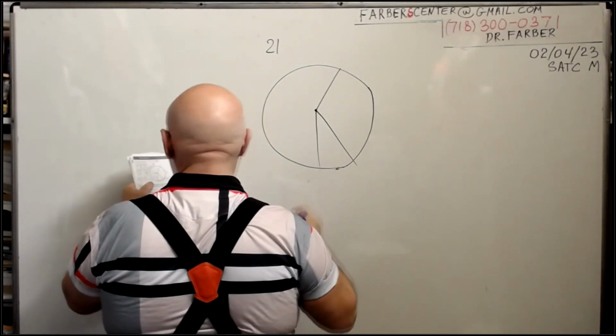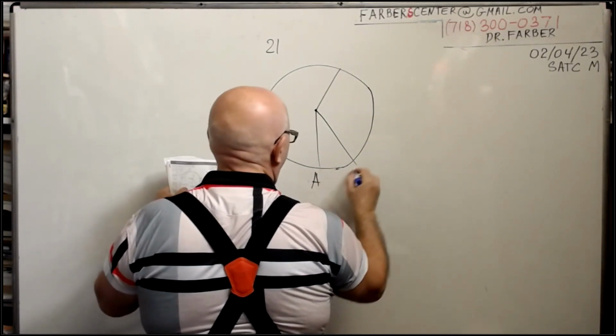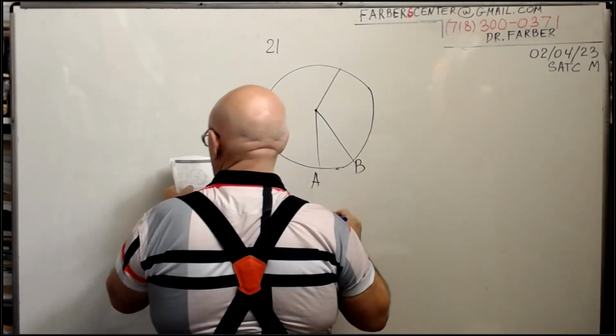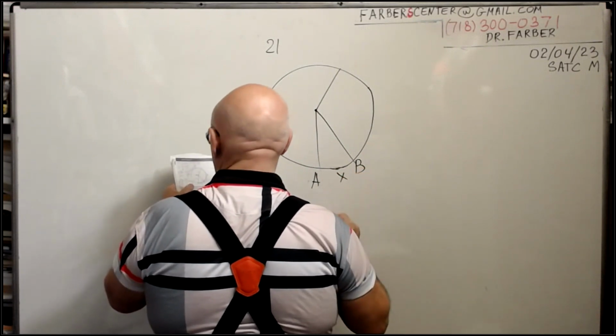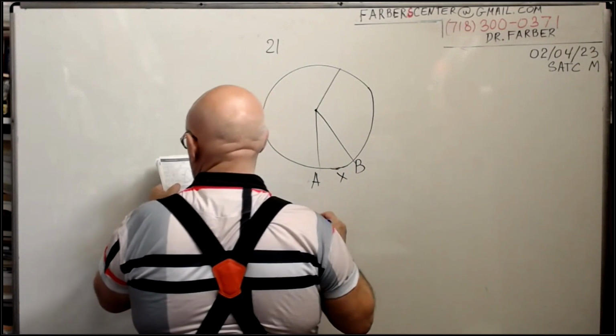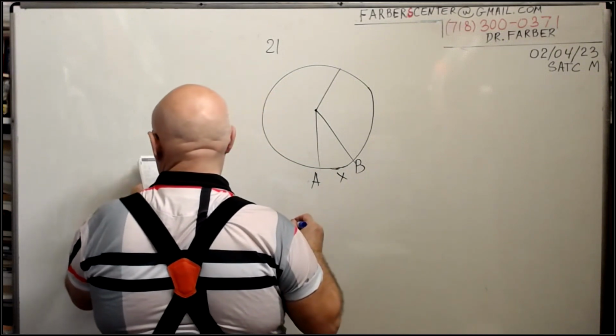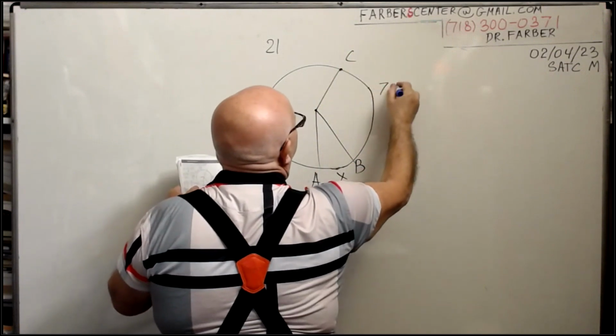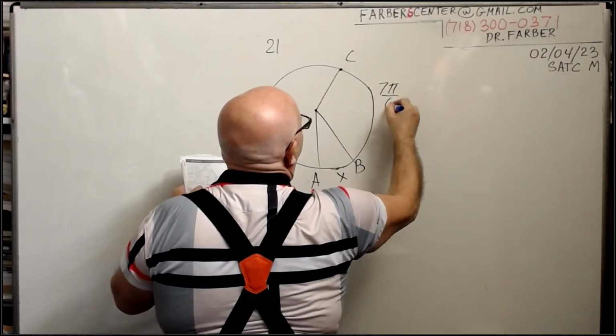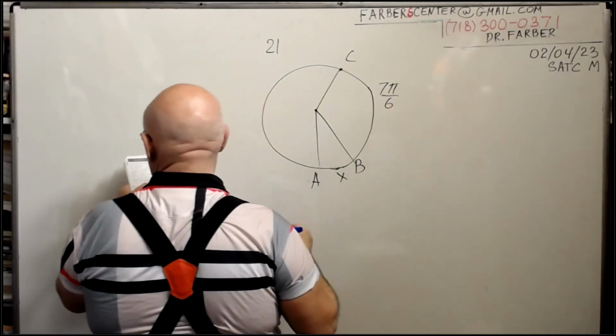This is H, B, X, 7 pi over 6. This is 210.